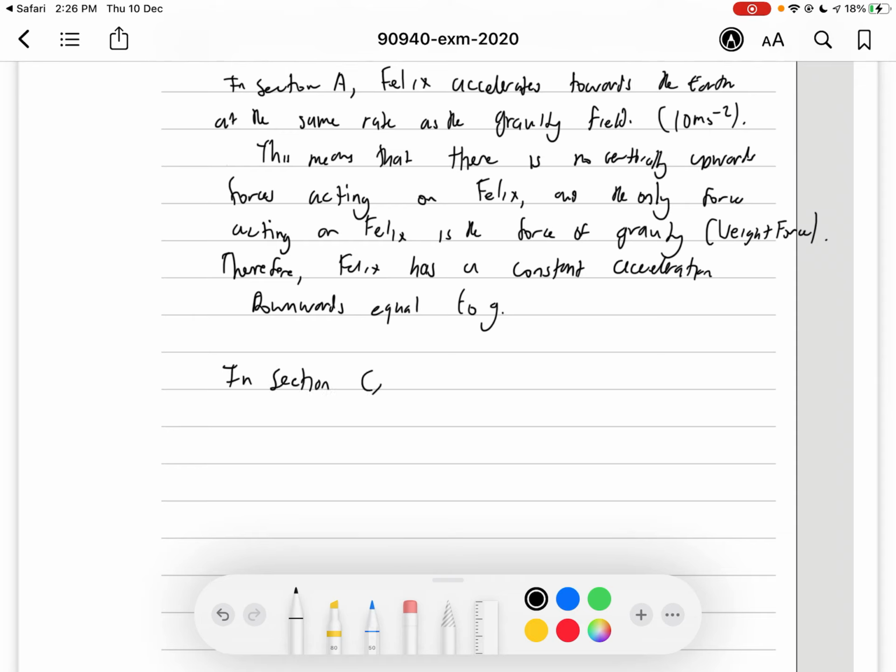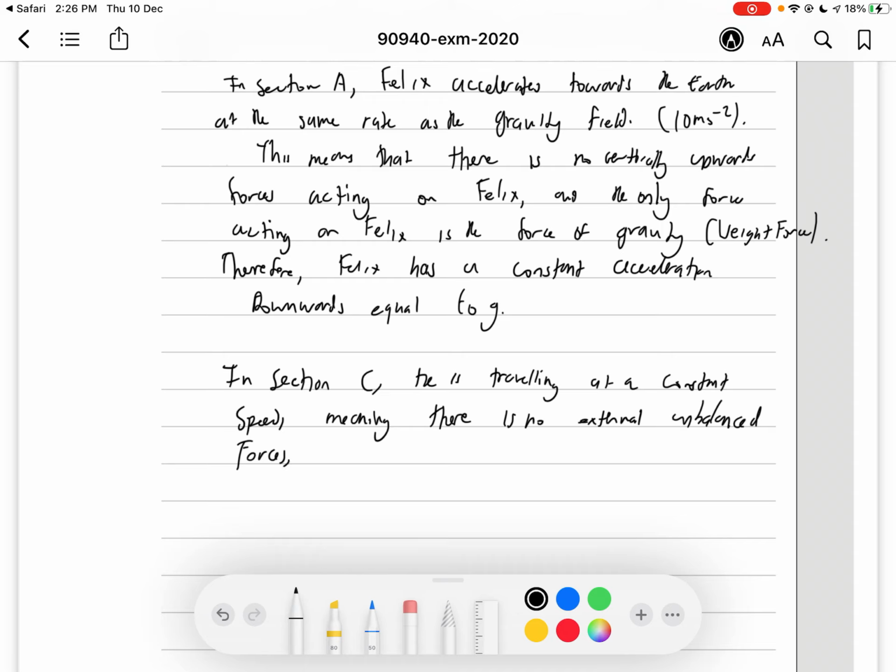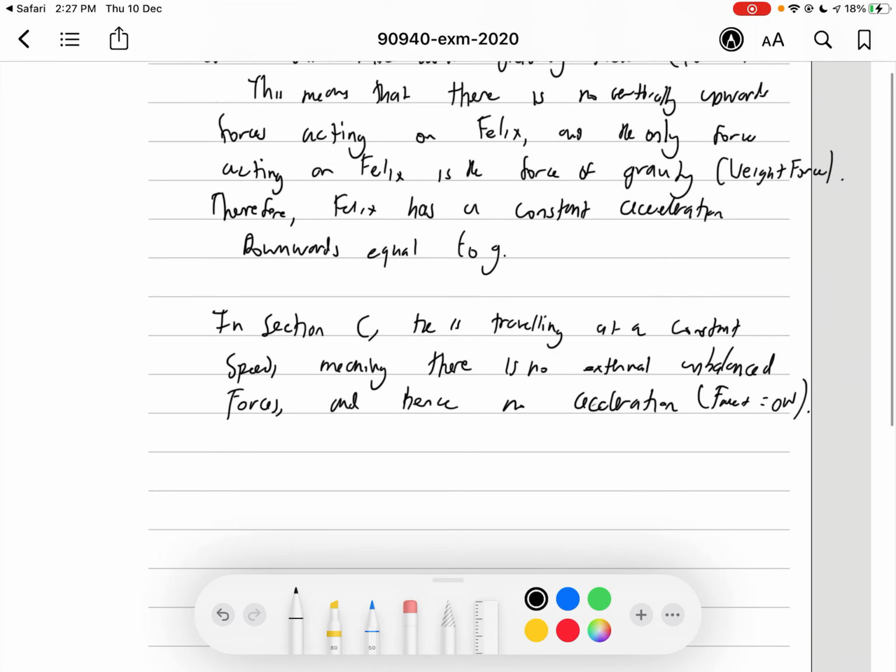In section C, he is traveling at a constant speed. So meaning there are no external unbalanced forces, and hence no acceleration. So you can link this one to F net equals 0 newtons.